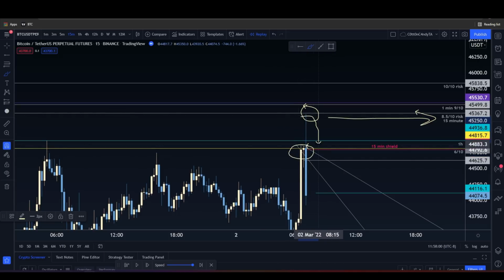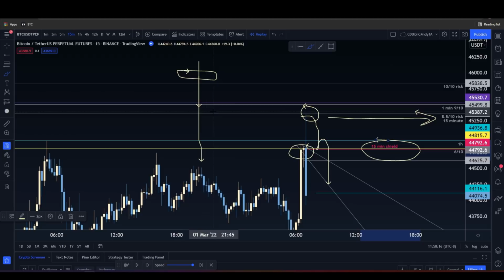Those shields in the future will affect, and this is supposed to be one of those equalizer or music sliders, what may have started as an 8.5 risk scenario can then be slid down to maybe a 6 out of 10 risk scenario, which allows you to stay in the trade longer because now you've just said this is a 6 out of 10. It's more of a swing trade.